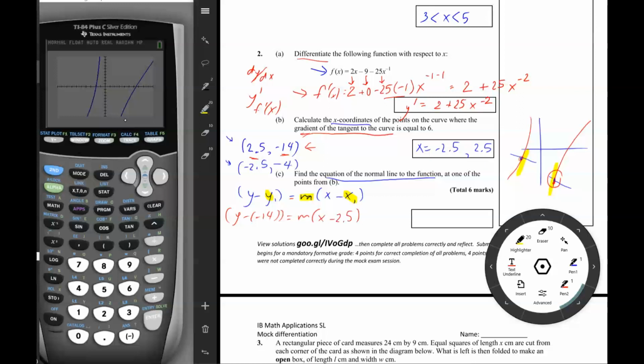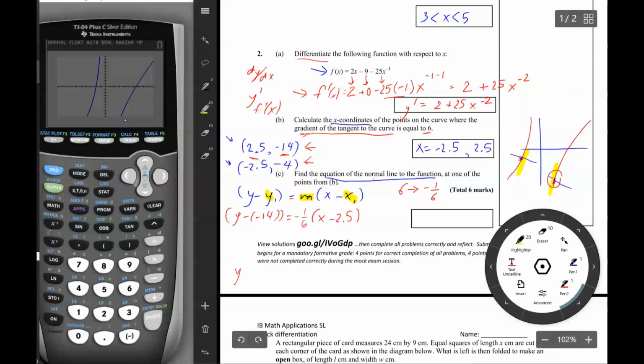Well, the slope we know is related to a slope of 6 because we know that these 2 points have slopes of 6, but we want the normal line, and the normal line is perpendicular to 6. Remember, to find the perpendicular to a slope of 6, we do the negative 1 over the slope. So our m value is going to be negative 1/6. So there is my equation right there.